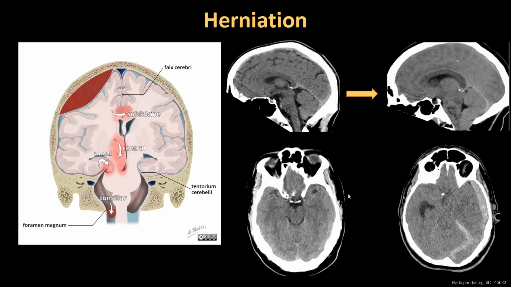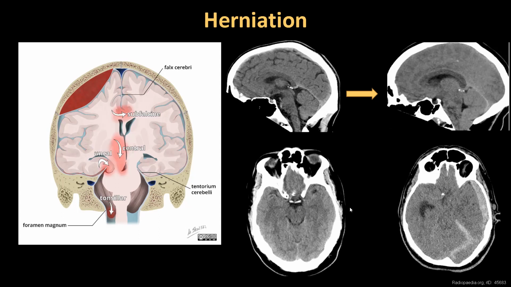At the bottom of the slide, we show uncal herniation, which, as I was saying in the previous slide, you want to look at your basal cistern. Here we have the suprasellar cistern and the midbrain, nicely preserved. On the other side, we can't see any of the suprasellar cistern at the same level. We can also see what's called your uncus, which is this medial projection off of the temporal lobe, which in a normal case just has a slight medial rounded projection.